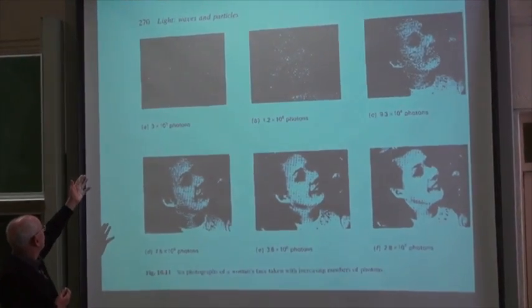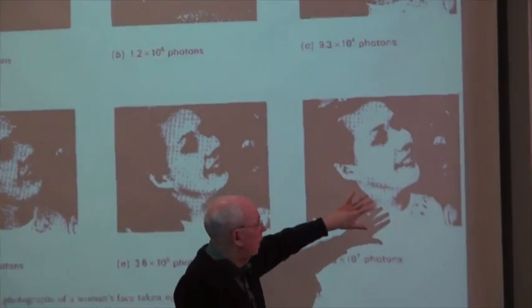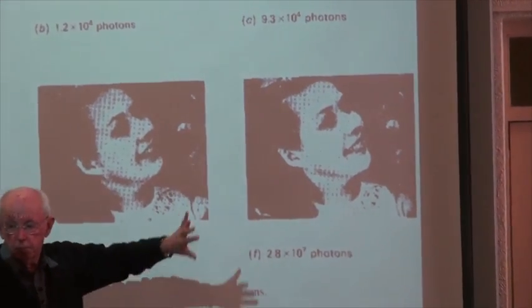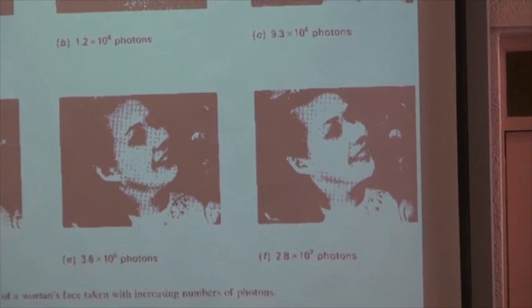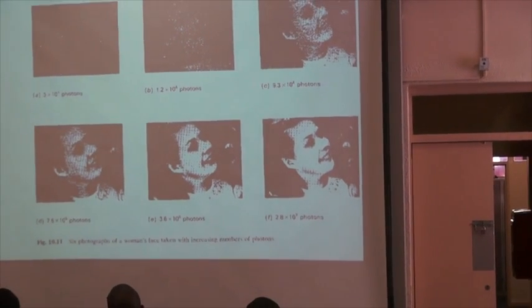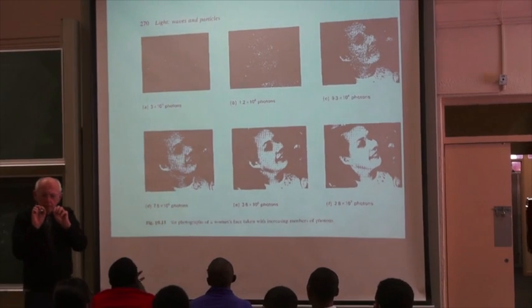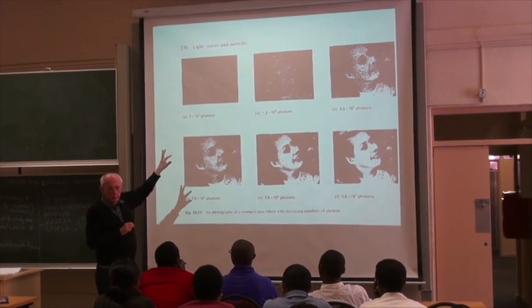You're trying to take this photo, which actually in the book appears as a beautiful photo. My copy is not very well done. But the thing is, if you only do it with very little light, then you get just a few points.